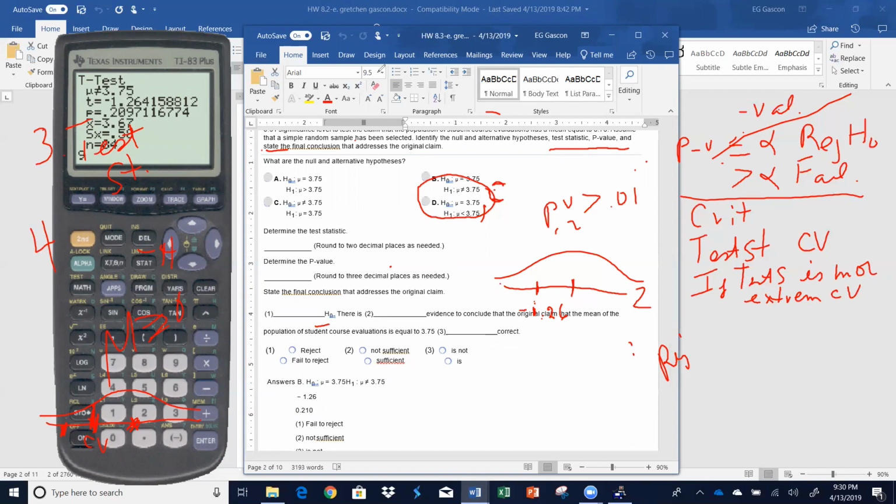Or you state that it doesn't warrant rejecting the claim that. So in other words, you can't reject the claim that you made. So there's not sufficient evidence to conclude that the original claim of the mean evaluation is equal to 3.75.